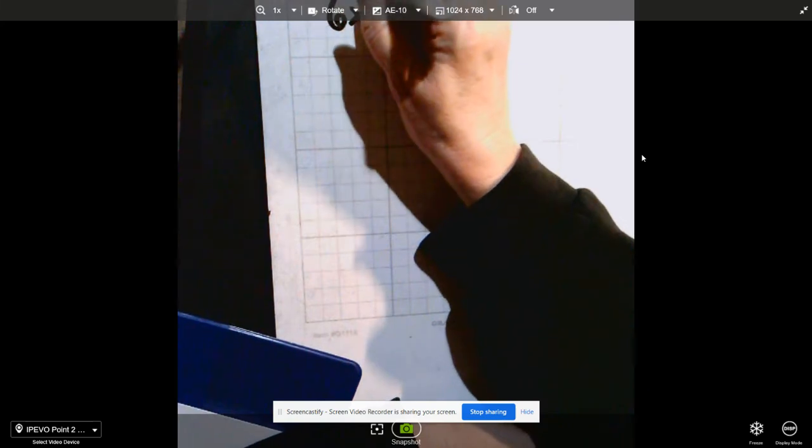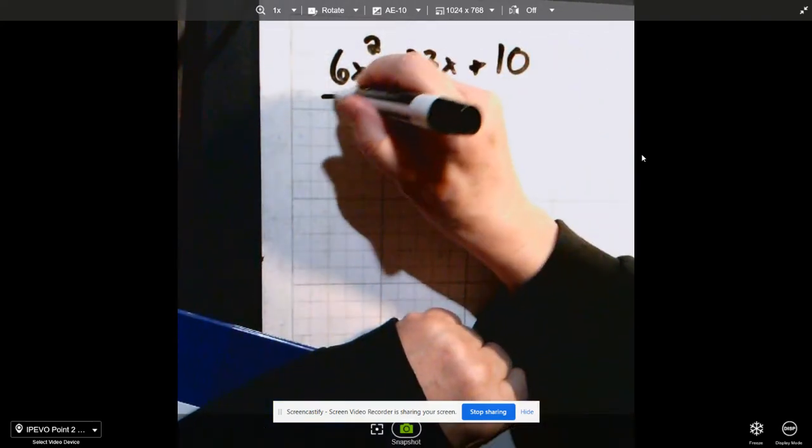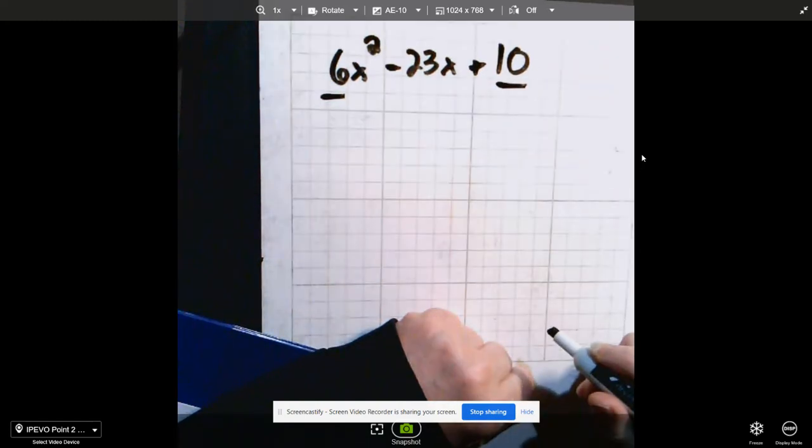Let's try one more that's got a negative sign or a minus sign in there. We have 6x squared minus 23x plus 10. Once again, you can't find a greatest common factor, so you're just going to go ahead and multiply your first and your third number together.